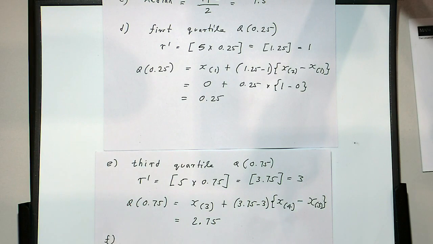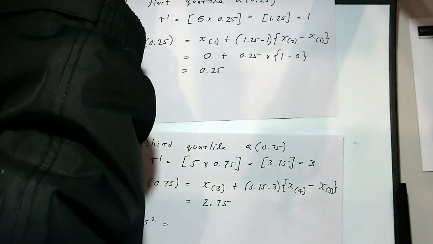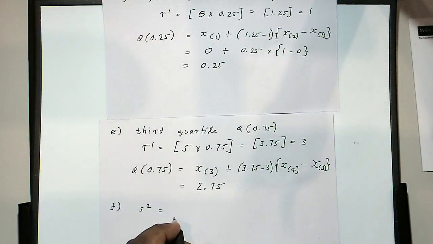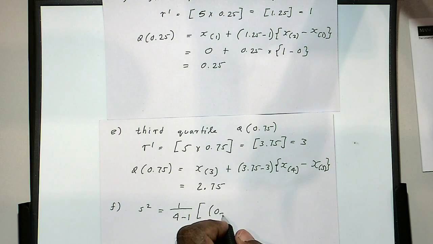Next one is the sample variance. The sample variance, remember there are two formulas for sample variance. I'm going to use both formulas, right? So if you use the unbiased version, right, which has n minus 1 in the bottom, it's going to be 4 minus 1, right? Then in brackets, it's going to be 0 minus, so I'm using the unbiased version here, which is in the very top of this, 1 over n minus 1 times this.